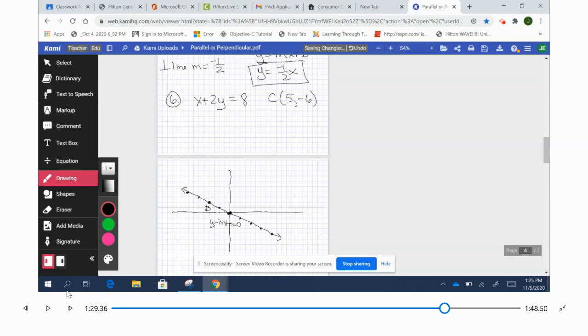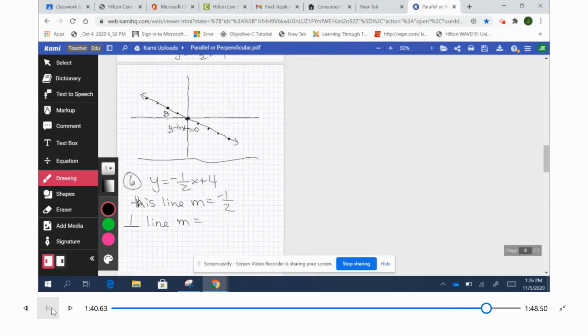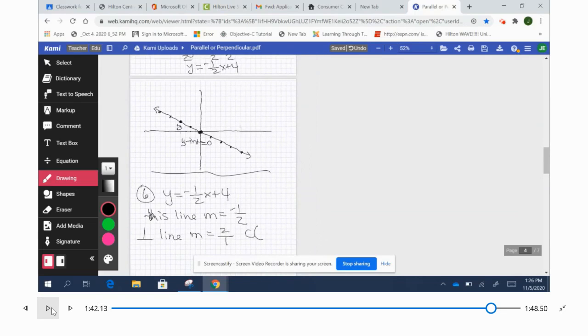All right, number 6. I believe, yes, we could graph this one, but I think the y-intercept will be pretty big. So I'm going to solve for the slope of -1/2 again. So this line's slope is -1/2. For a perpendicular line, the slope will be 2/1.